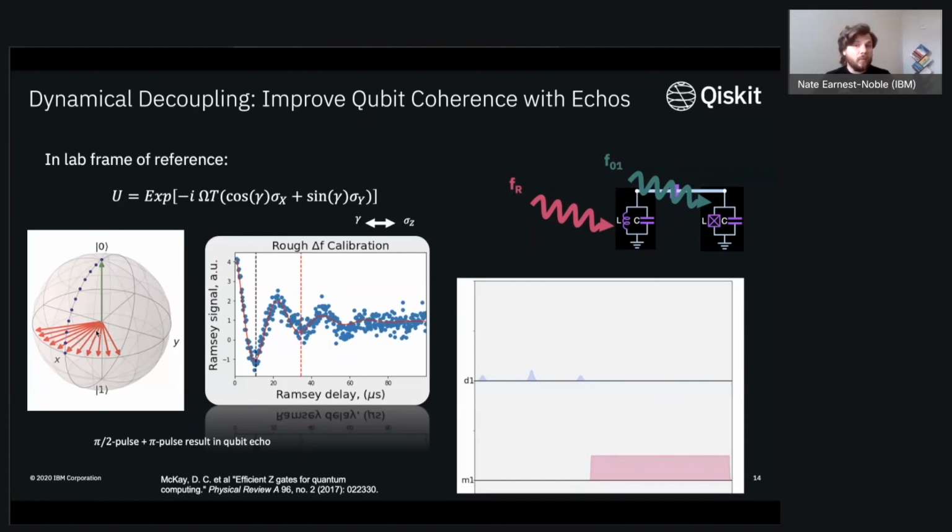That magnetic field will be non-uniform, and so those spins will start to precess at different rates. As they're precessing at different rates, if they're, say, on the equator of the Bloch sphere, they begin to spread out. By adding in this pi pulse, they'll begin to precess back the other way.